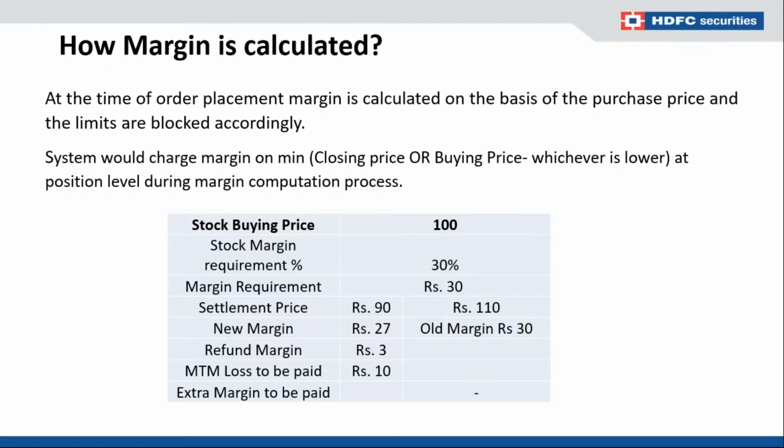After that, when the market falls, we will calculate your margin on the basis of 90 rupees, and you also have to pay the MTM loss of 10 rupees. That means you have to pay almost 27 plus 10, that is 37 rupees, which we will hold from your account itself.